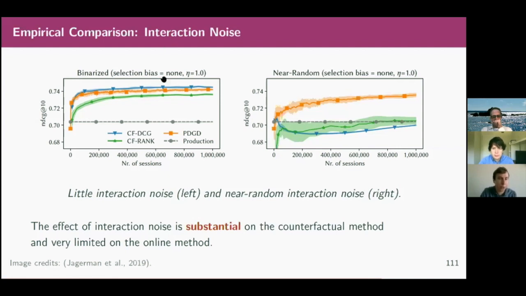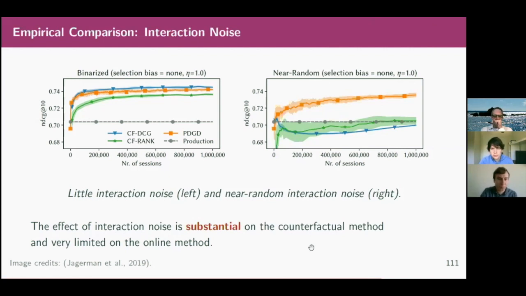On the left, we have very little interaction noise, and on the right, we have a lot of interaction noise, almost random clicks happening here. And we see that the online method, the orange line here, is much more capable of reaching a higher level of performance than the counterfactual methods, even when there is a lot of noise. So we see that interaction noise has a substantial effect on the counterfactual methods.